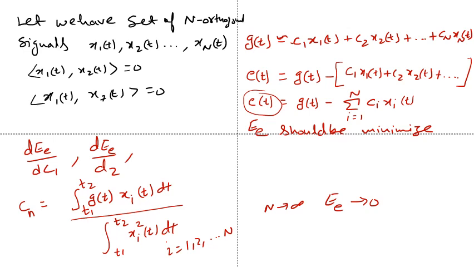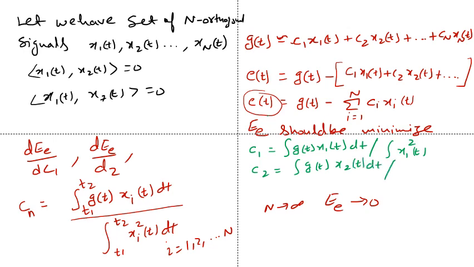Let me write down a few expressions for the sake of completeness. C1 is the integral of g(t) x1(t) dt divided by the integral of x1 squared(t), with limits from t1 to t2. Similarly, C2 is equal to the integral of g(t) x2(t) dt divided by the integral of x2 squared(t), and so on.